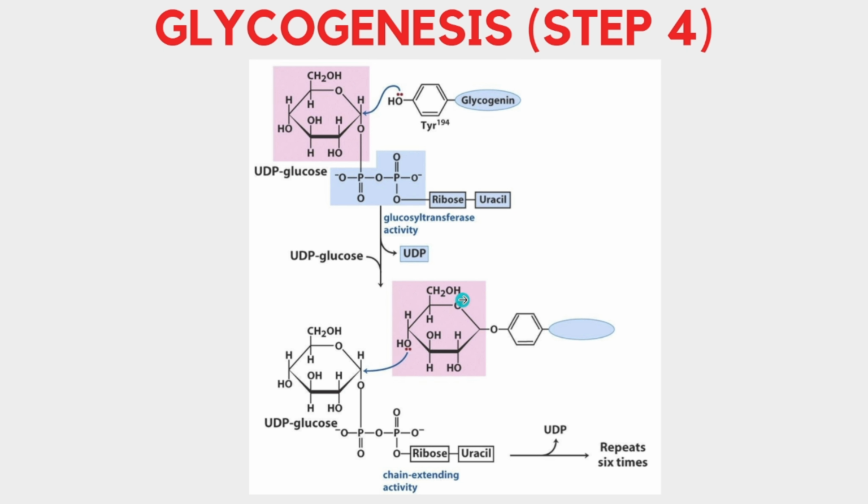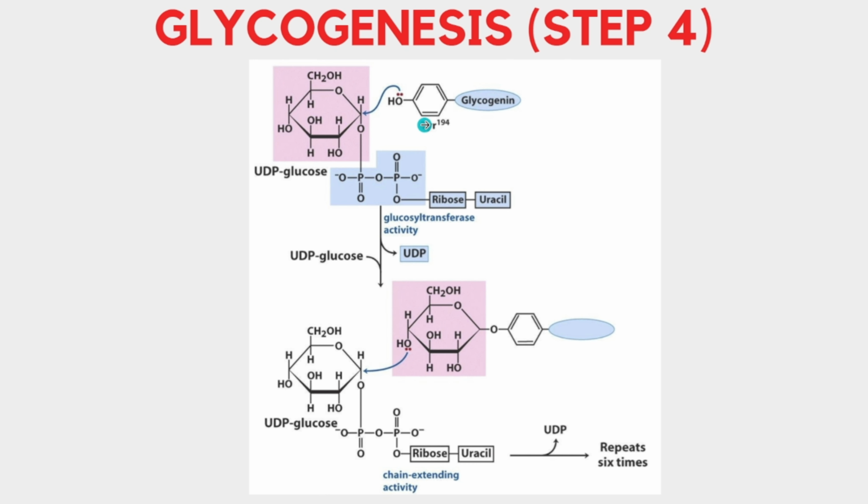So you can imagine 1, 2, 3, 4, 5, 6, 7, 8, and then here is glycogenin. After that, glycogen synthase will take over. So this we call the primer.